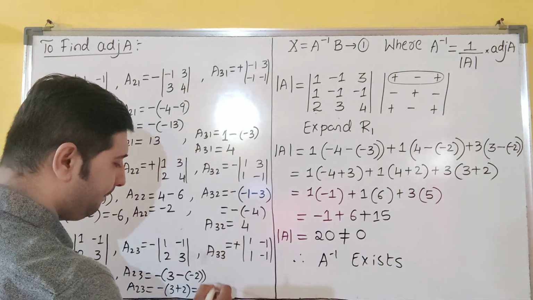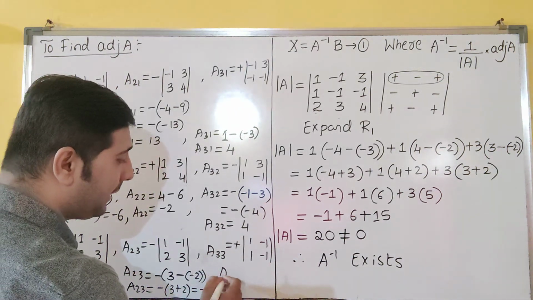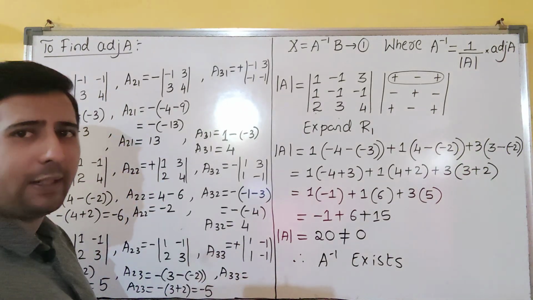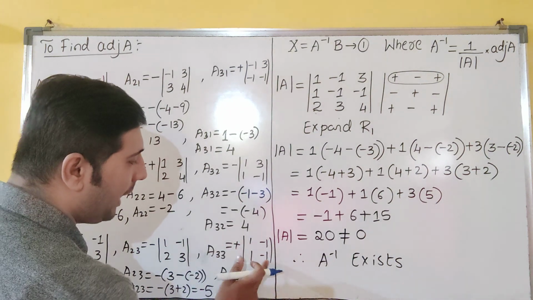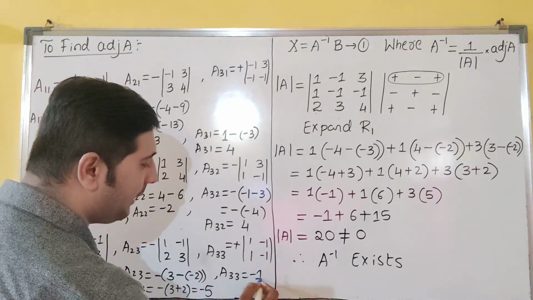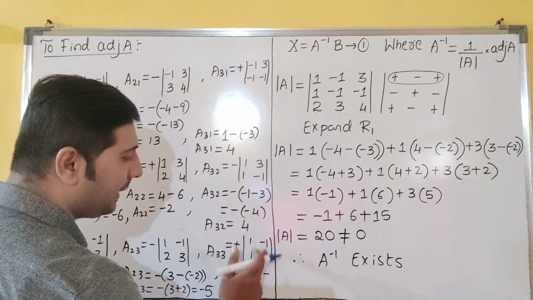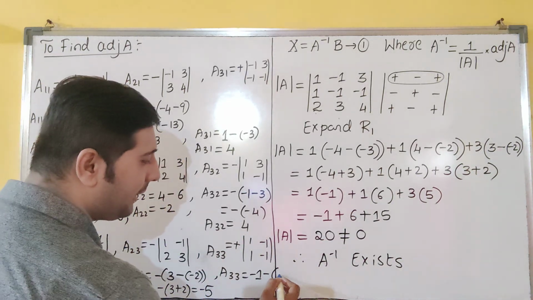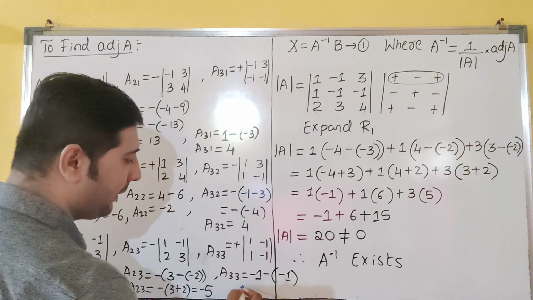So now next, A33. A33, how to find, you see. Plus sign is there, you may write or you may not write, doesn't matter. 1 into minus 1, minus 1. Before multiplying this and this, you write the minus sign. Bracket. See, 1 into minus 1 is minus 1, dear students.